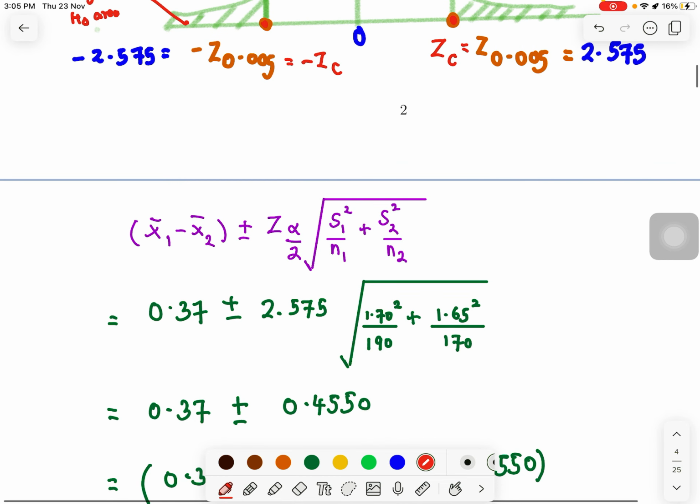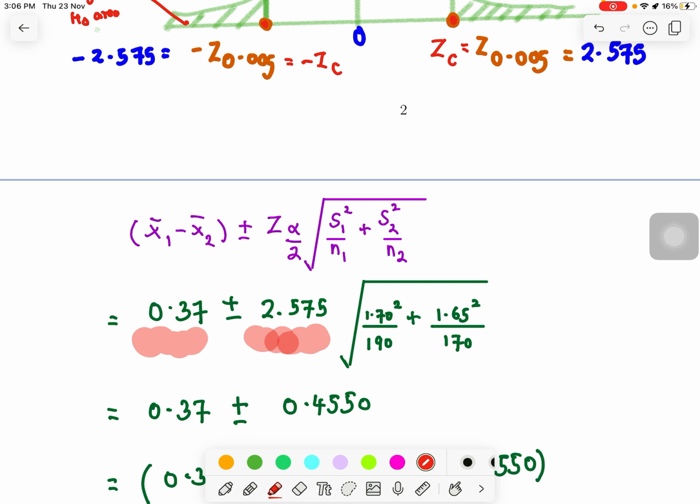So we already get the point estimate here. We already get the critical value plus minus 2.575, and we get from the information the value of both variances or both standard deviations and also the sample size.